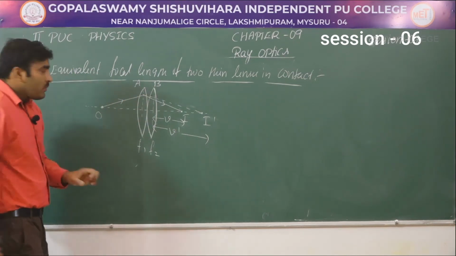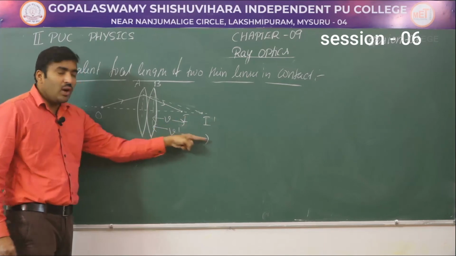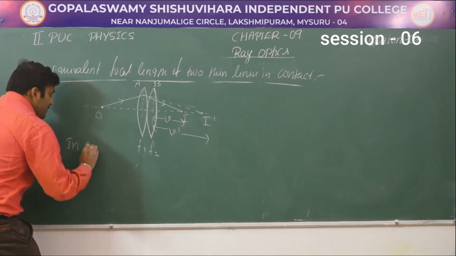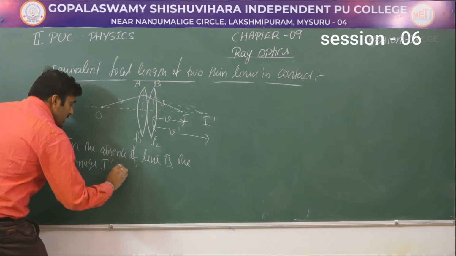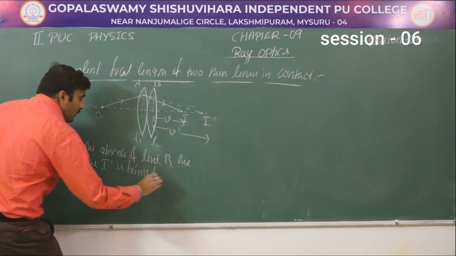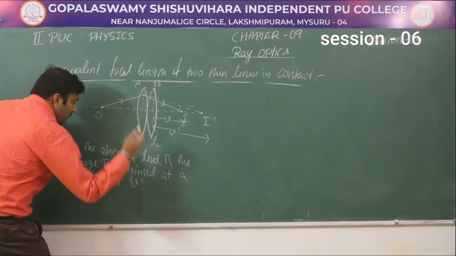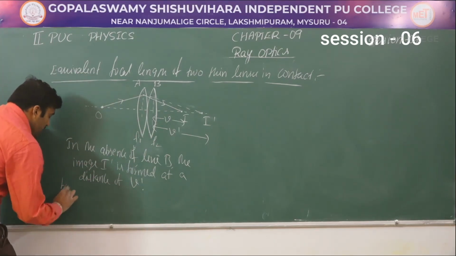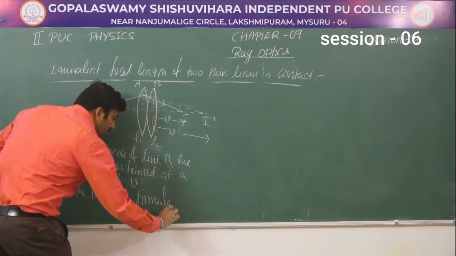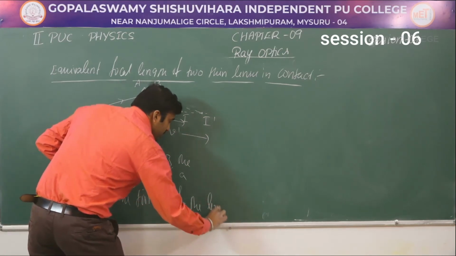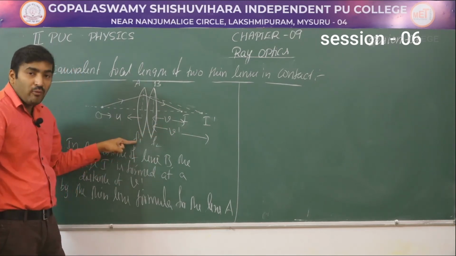Okay. See, in the absence of the second lens B, the lens A forms an image at this point at a distance of V dash. Let us write that. In the absence of lens B, the image I dash is formed at a distance of V dash. So by the thin lens formula for the lens A, object distance is U, image distance is V dash, and focal length is f1.